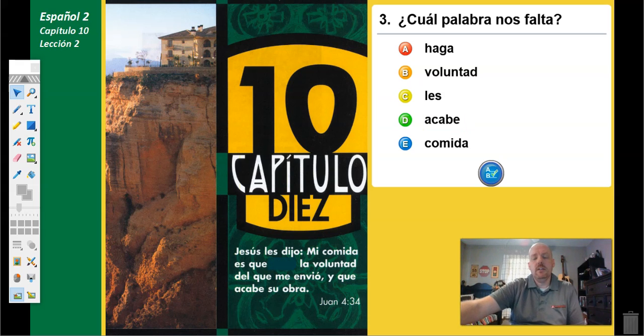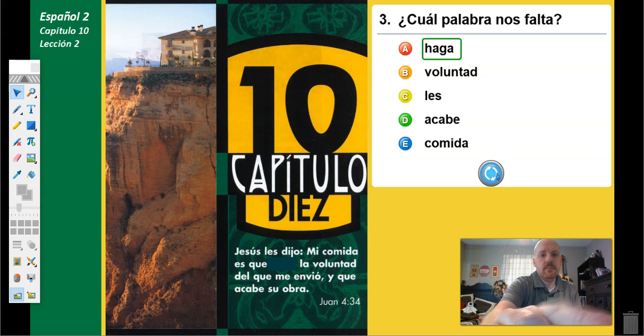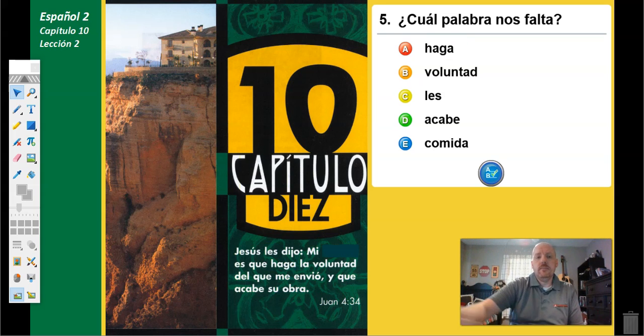La próxima, ¿cuál palabra nos falta aquí? La palabra es haga, do, haga. Y aquí, ¿cuál palabra nos falta?